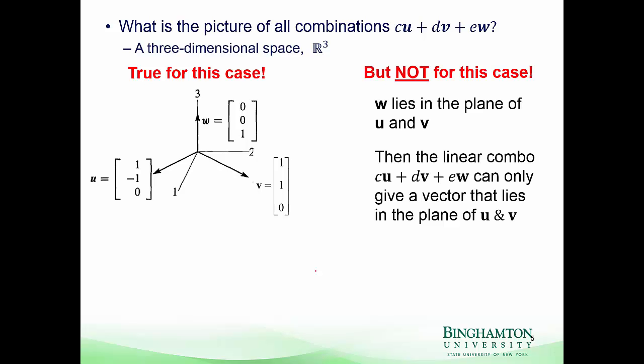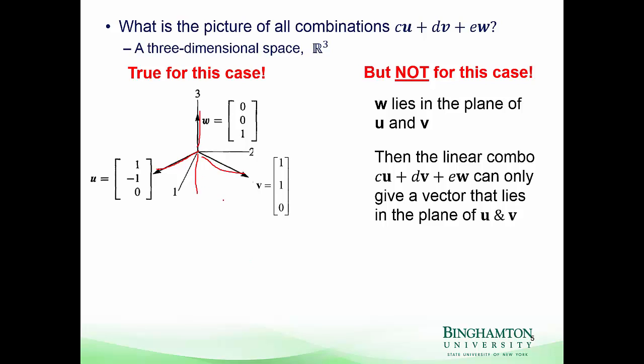But if W lies in the plane of u and v, so instead of W sticking up straight out of the plane formed by axis 1 and 2, if W also lay down here in the same plane, notice that the plane defined by axis 1 and 2 is the same as the plane defined by u and v.